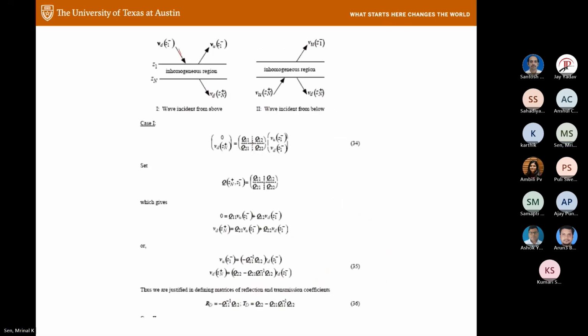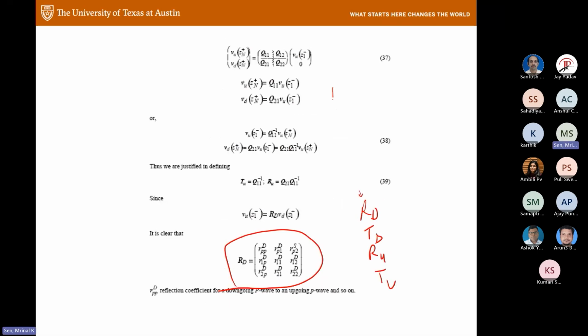Okay. So now this RD can have this kind of structure. This will have RPP, it will have RPS, then you have RSP and RSS. And this is going to be 2 by 2 for the isotropic case.